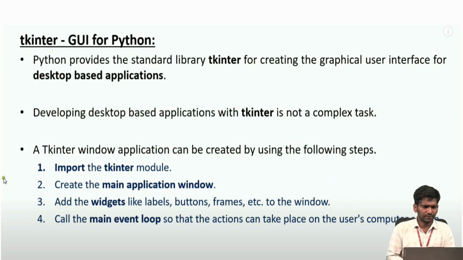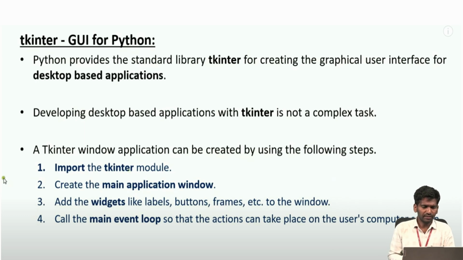Next, this shows the steps of implementation. How do we do GUI implementation with the tkinter library? There are 4 steps. First step, we need to import the tkinter module. Second step, we need to create a main application window with the function called Tk.